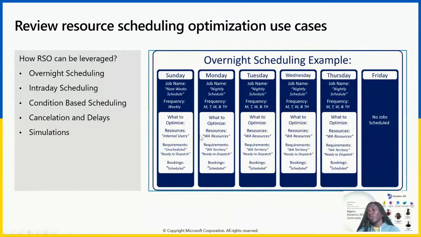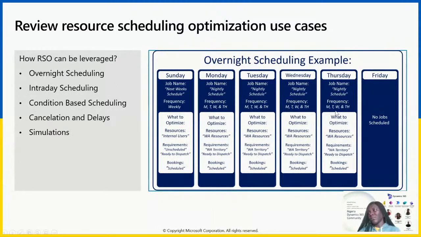So you can see what you want to optimize. What are the resources? What are the requirements? What are the booking states? You have the job name and what frequency it runs, so from there, RSO helps us optimize these various use cases.